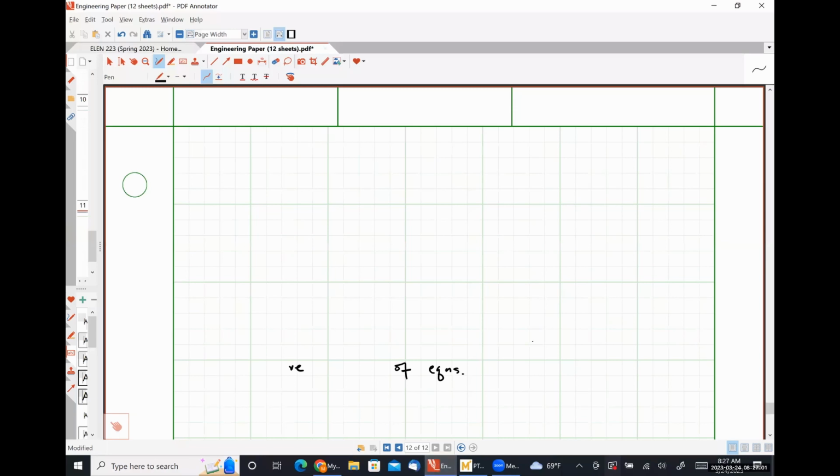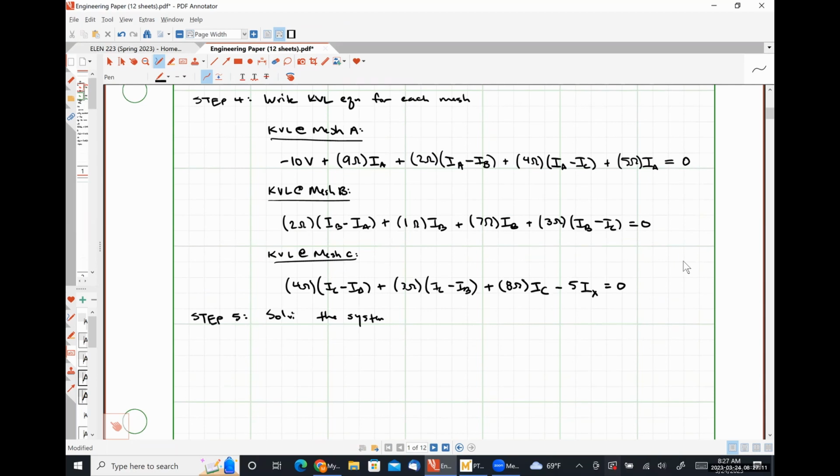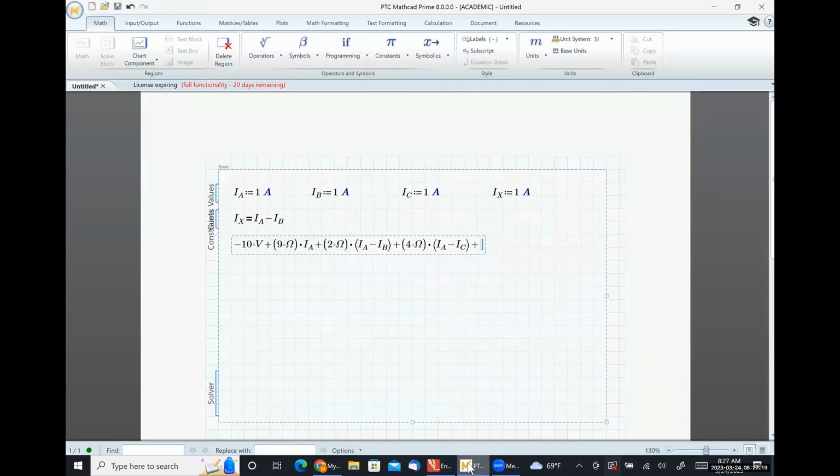What the heck happened to the rest of my equations? Let's see. Yeah, so 4 ohms Ia minus Ic, 5 ohms times Ia. Oops. Control equals to 0.